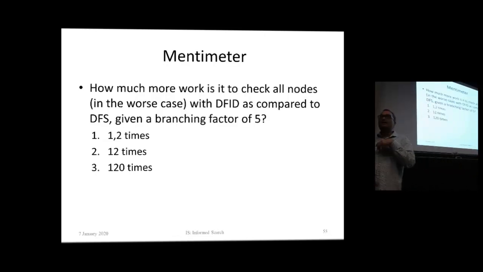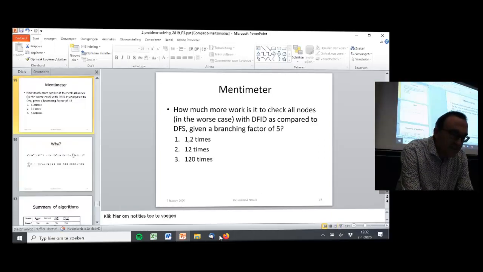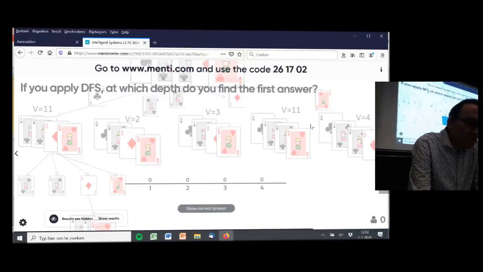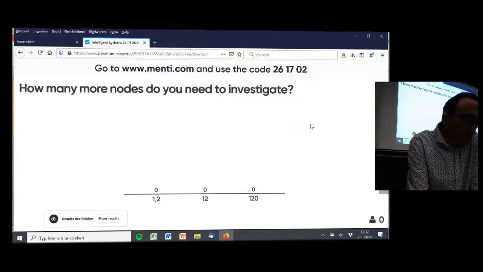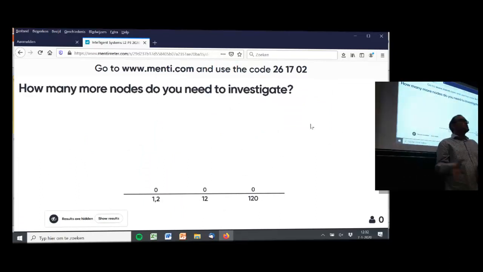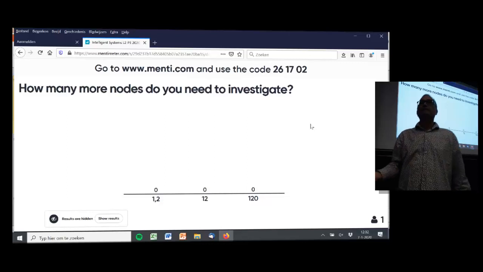Now, I have a Mentimeter again, but we can also do it by show of hand in the interest of time. Oh no, let's do it with this one. And the question is, this method where you throw away so much, isn't it so stupid? How many more nodes do you have to investigate than you would necessarily have if you have, for example, depth first search, if you always throw away everything you've done up to now and do it again?